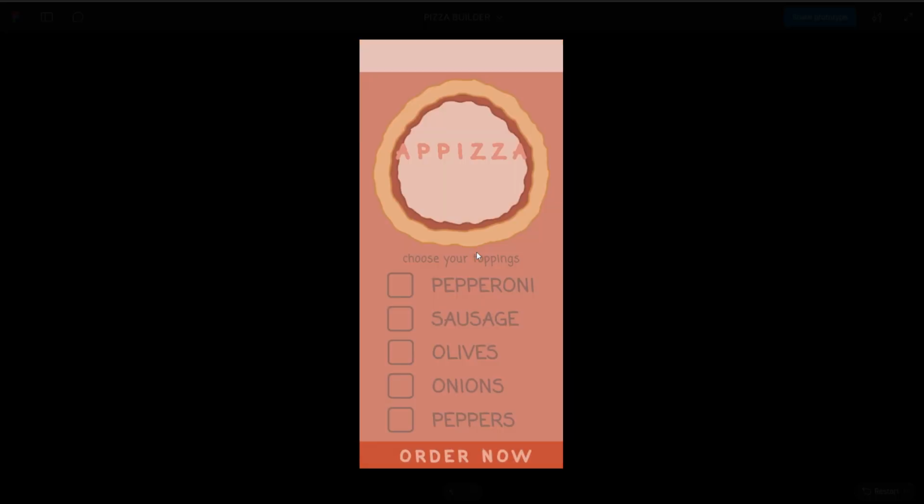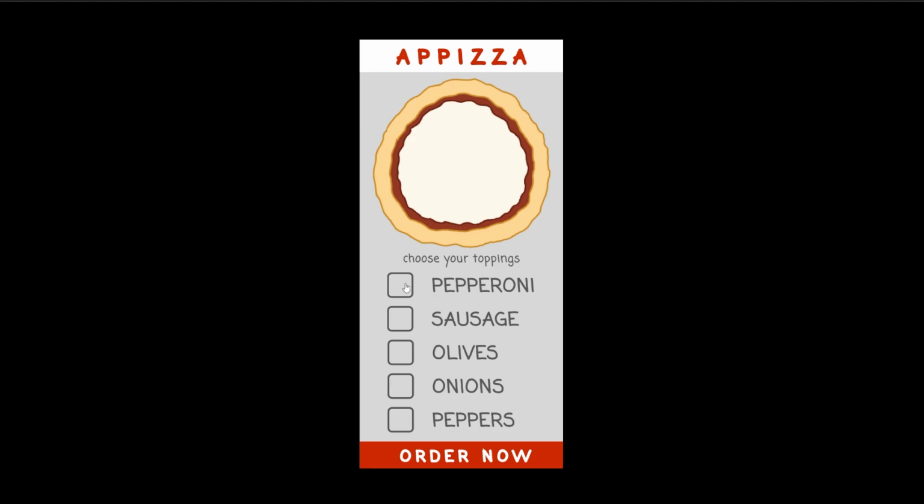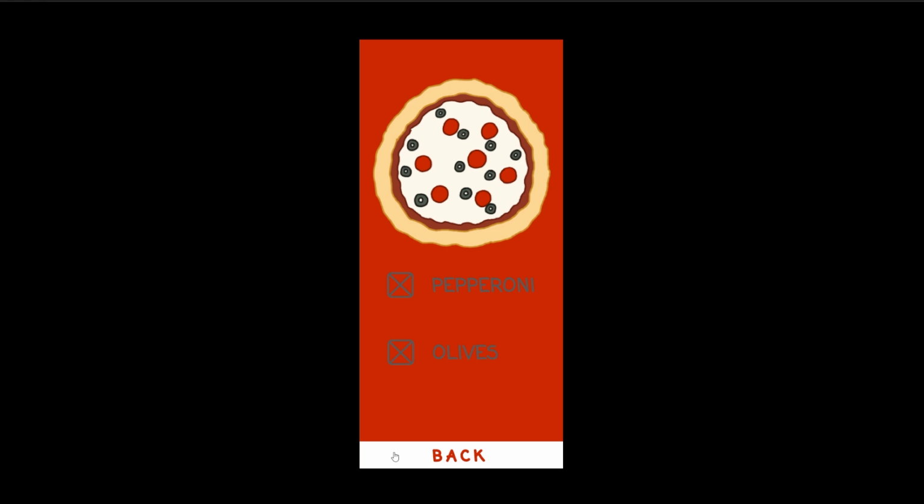Let's go order a pizza. I want pepperoni and olives. And that's all I want. Boom. Uh-oh. The different variants, it's in there.